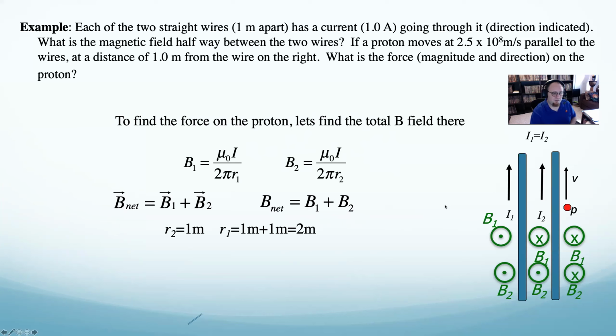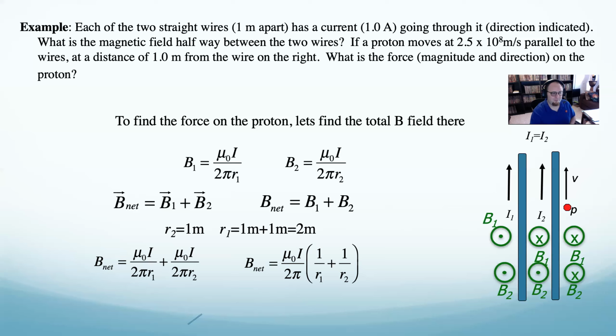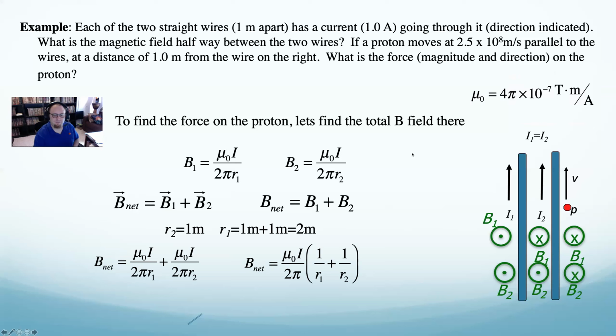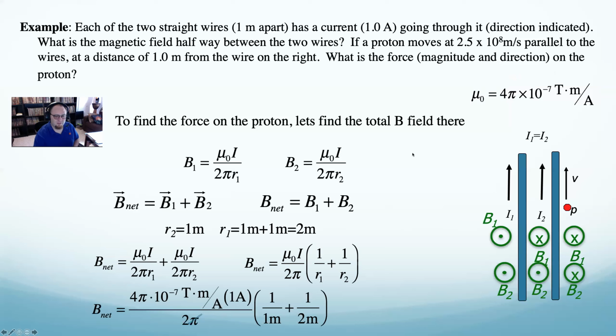For B total, I is the same in both cases. Mu naught and 2 pi is the same in both cases. So I can factor those out. Don't forget that mu naught is 4 pi times 10 to the negative 7. And I can plug in my values. 1 over 1 plus 1 over 2 is 3 halves.